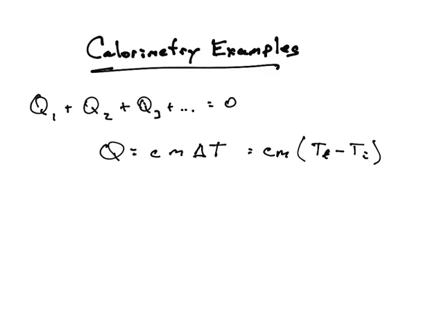M is the mass of the object, how much of the object you have. And of course delta T is how much the temperature of that object has changed. And so we stick these Q's into that equation, and we're going to solve for whatever unknown we have. So let's take an example.